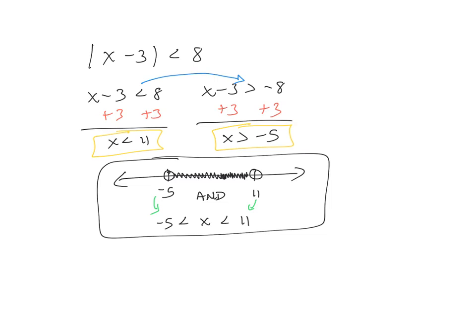The numbers are different, and you've got to remember, if you divide by a negative, to turn the inequality around. So you've got to remember the stuff for inequalities, but the process is still the same as when we did equations.